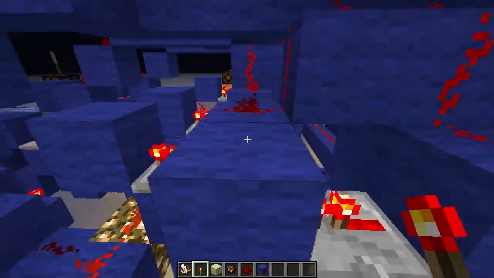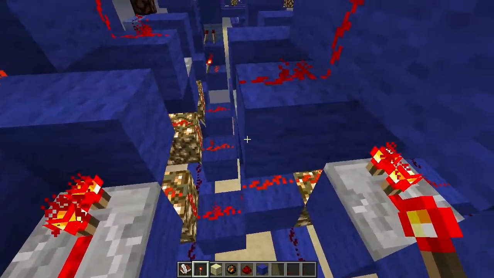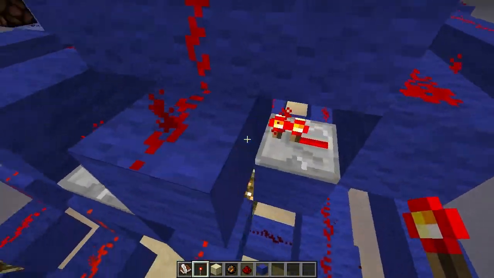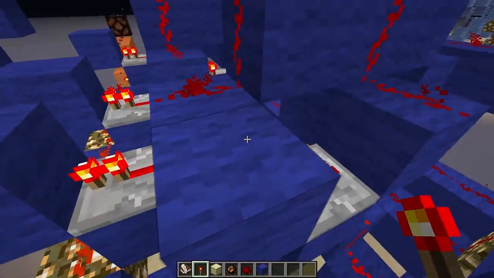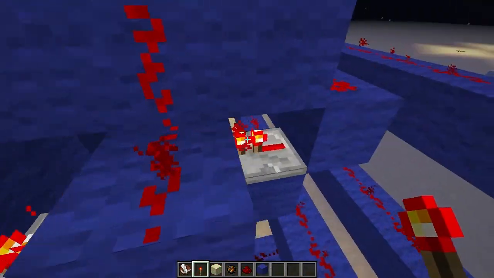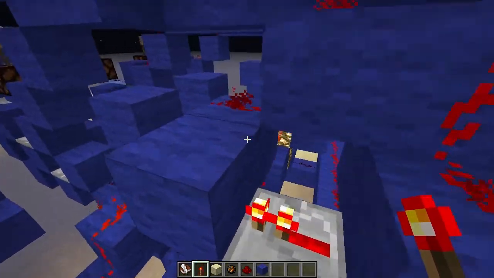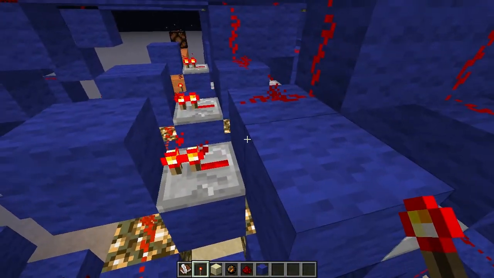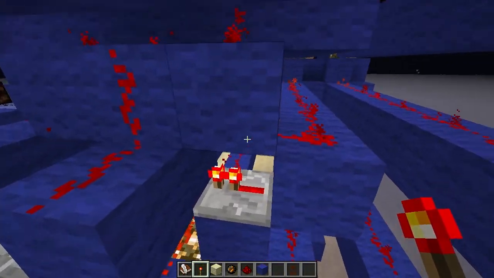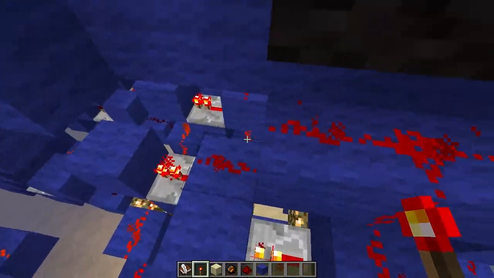Problem number 2 is those repeaters. They have to alternate like this, otherwise they will feed into each other and the OR will not be instant. So you can apply input here, and it will go to that repeater, but that's not a good thing, because currently one input goes into all of the 3 repeaters, so it's only 1 tick, right?